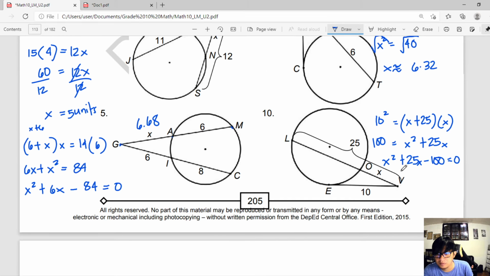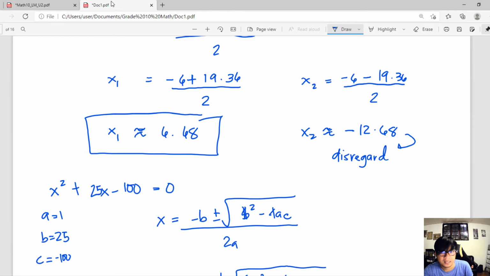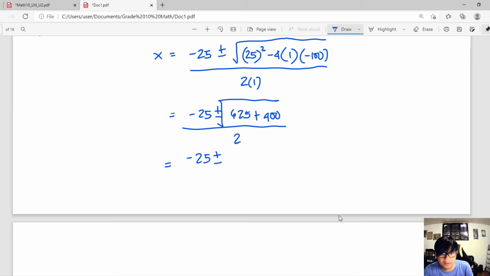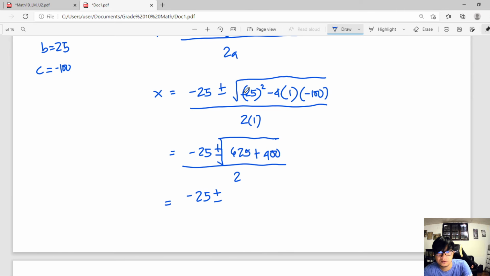Tapos kung x squared, lipat natin sa kabila ito. Okay, tama naman din. So we have this one 25 plus, this is negative 25 pala dapat dito.